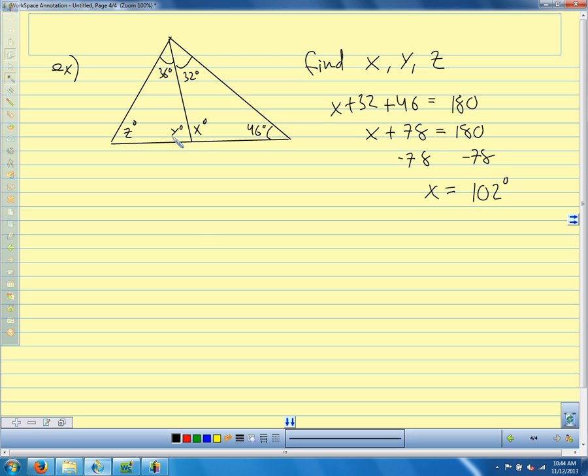What do these two have to add up to? What do x and y have to add up to? 180, because they are what kind of angles? They are a linear pair. So y plus 102 equals 180. So y equals 78.